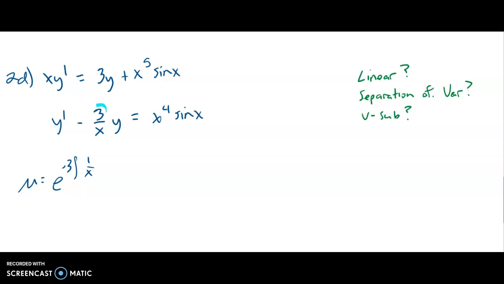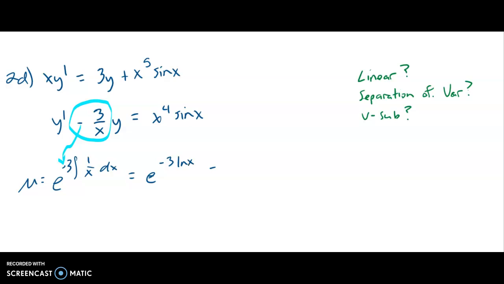Remember, I take this piece right here, make sure you carry that negative, otherwise it'll mess it up. I take that and I put it in my integral when I'm calculating my integrating factor, dx. So that is equal to e to the negative 3 times ln of x.